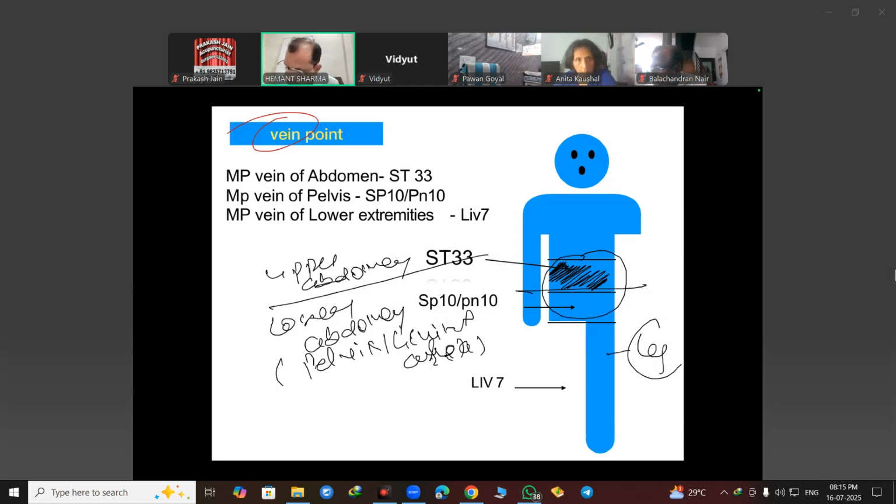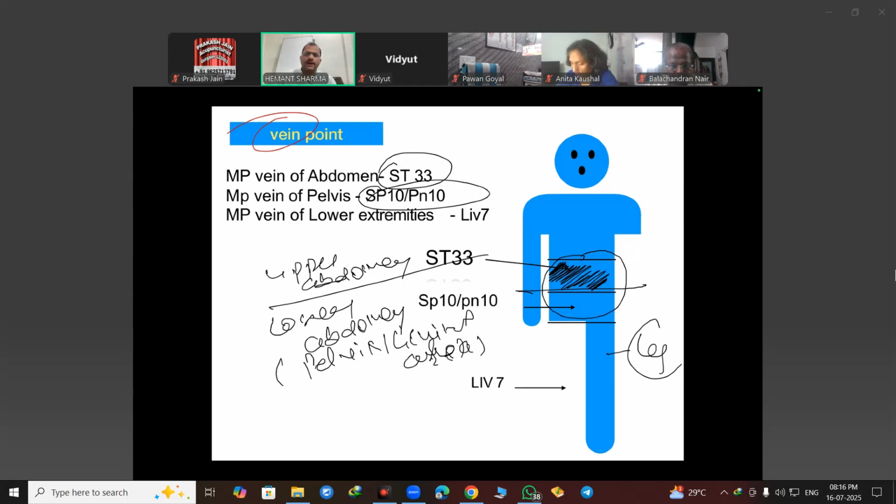If there is any venous problem in the abdomen, use stomach 33. If any venous problem, vein problem in the pelvis area, in the genital area, in the lower abdomen area, spleen 10, pancreas 10.